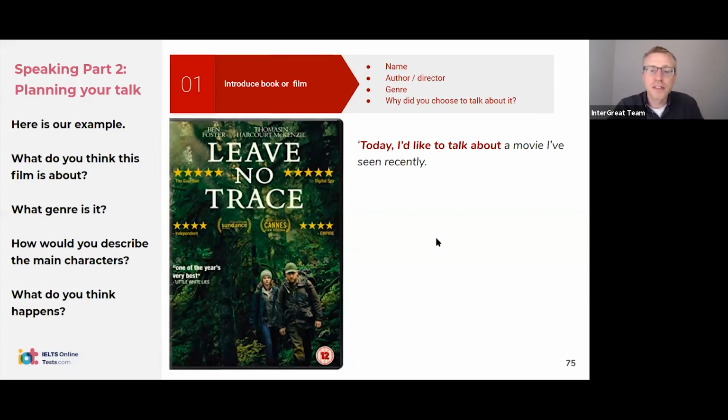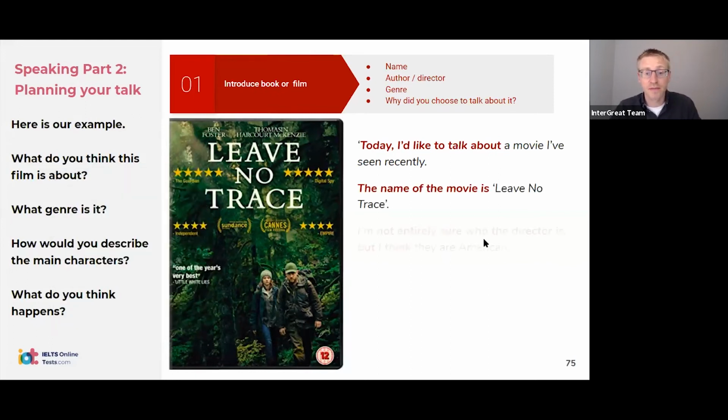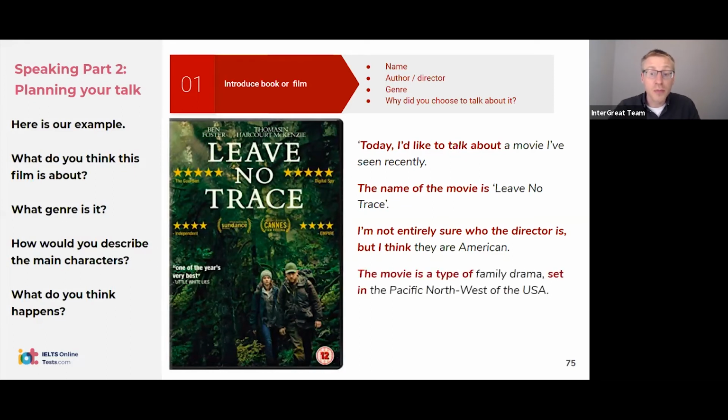Okay, so today I'd like to talk about a movie I've seen recently. The name of the movie is Leave No Trace. I'm not entirely sure who the director is, but I think they're American. The movie is a type of family drama set in the Pacific Northwest of the USA.